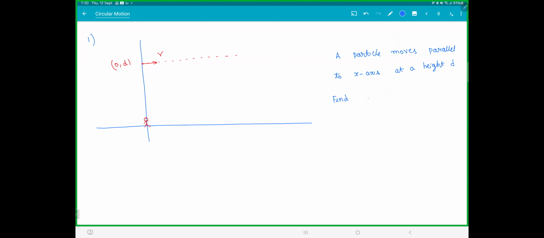Find the angular position and angular displacement and angular velocity at time t as seen by the observer at the origin.